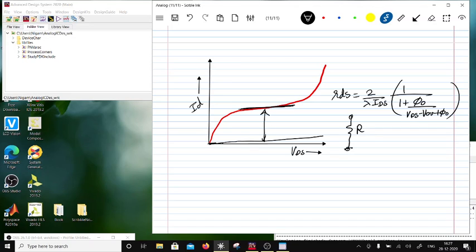The problem here is this resistance is going to be very large, but then it will start from 0 volt drop across it. While in the case of MOSFET, the same resistance can be achieved with a smaller voltage offset, because I am not starting from origin. Here the current is starting from origin.